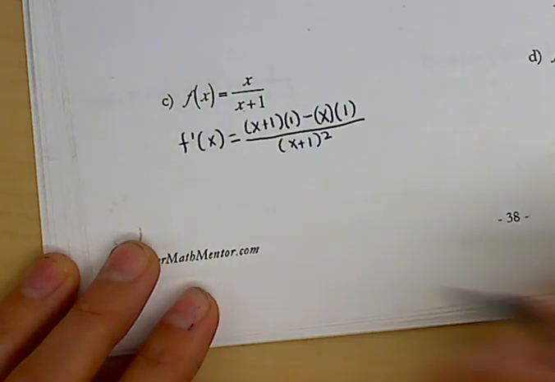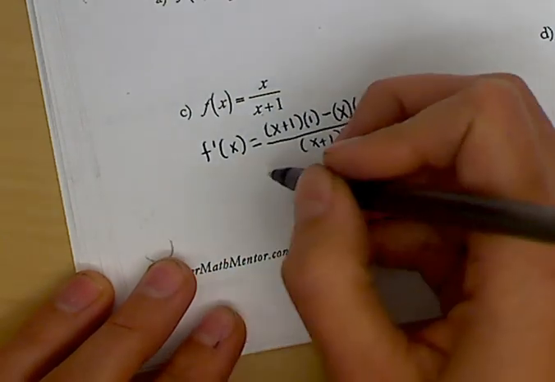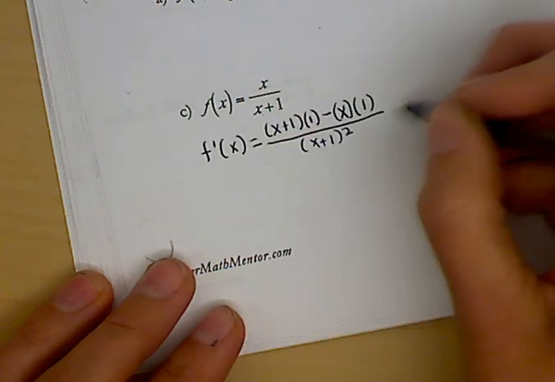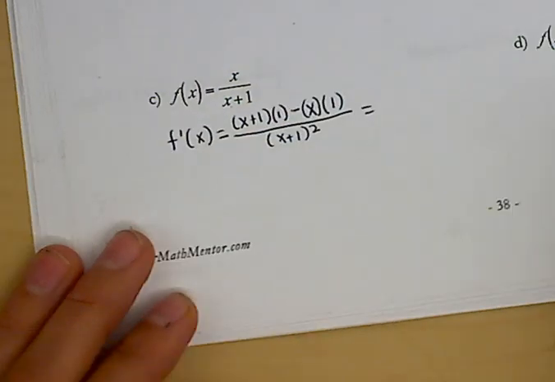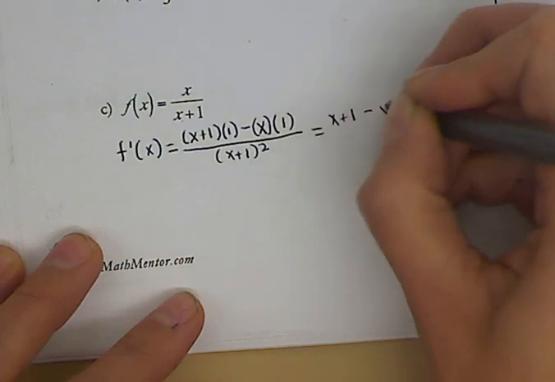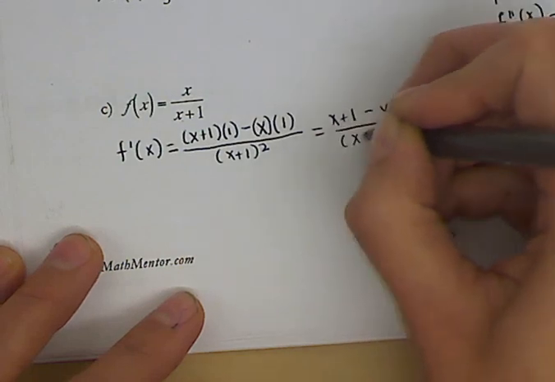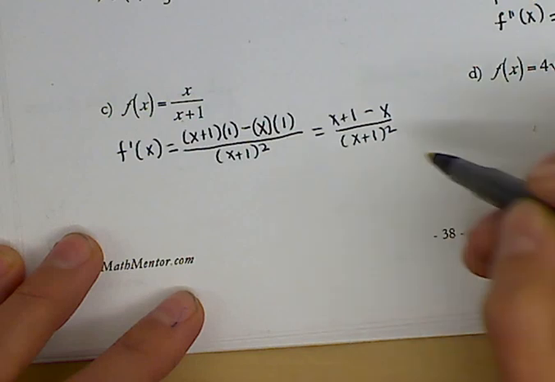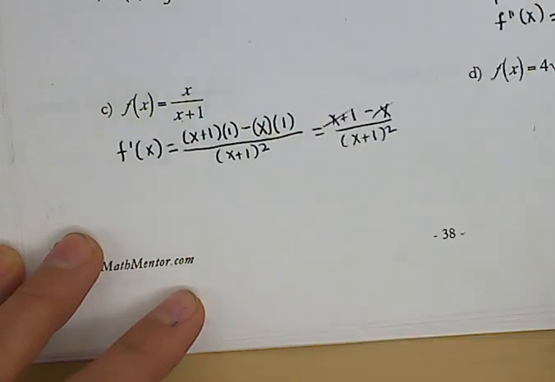Okay, so I'm going to simplify that. This is equal to x plus 1 minus x over x plus 1 squared. So these cancel out, it's just 1 over x plus 1 squared.